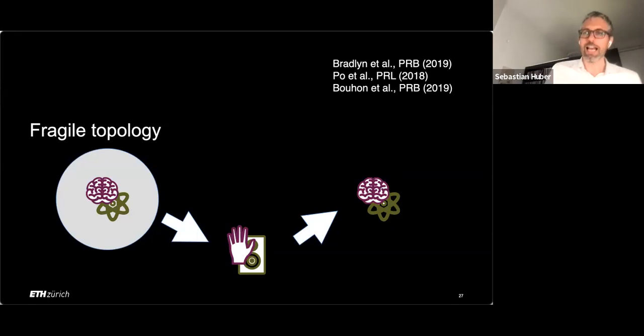Okay, wonderful. The second part is fragile topology. The link between the two parts is really acoustics. That is what binds these two parts together. You will see here in the middle, we will do an experiment again in acoustics.